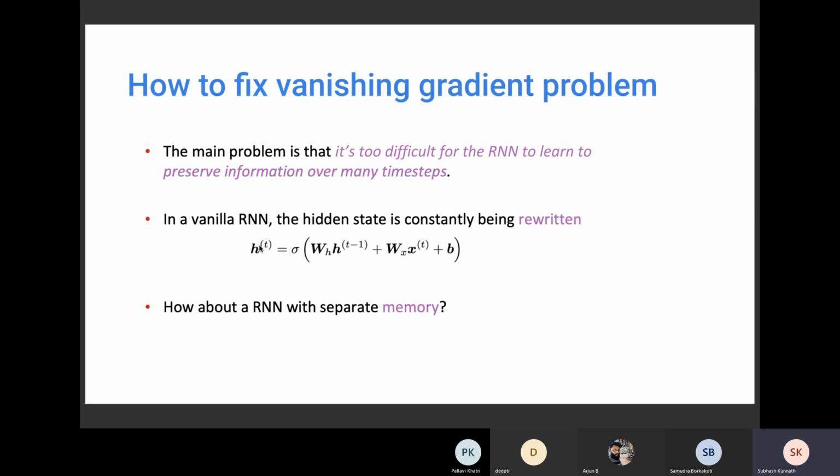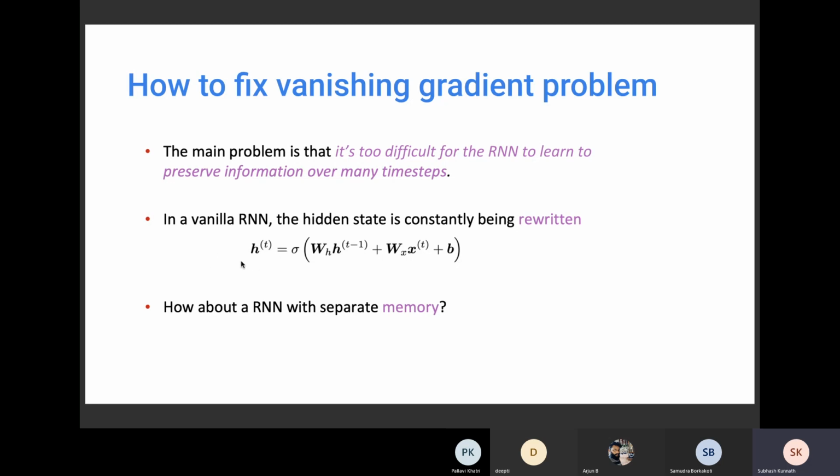Can I stop the update for one step, or have the update only for certain steps? There is no control over hidden state updation; it's automatically getting updated with this recursive formula. You multiply the previous hidden state with some weights, add it to the weighted inputs plus some bias, pass it through a nonlinear function and update the hidden state.